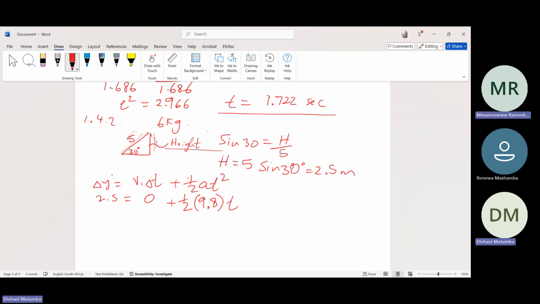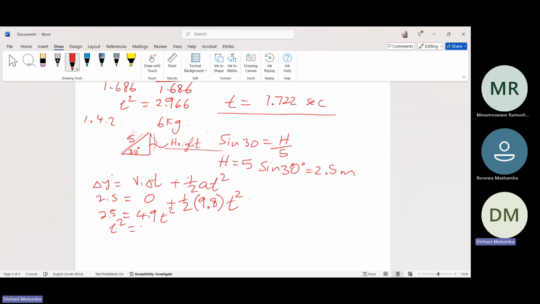Okay, then we have t. Yes. So I beg that you must go and revise this question for the second time because you might get something similar in the exam. Okay, so 2.5 equals, let me see, I got 4.9 t squared.